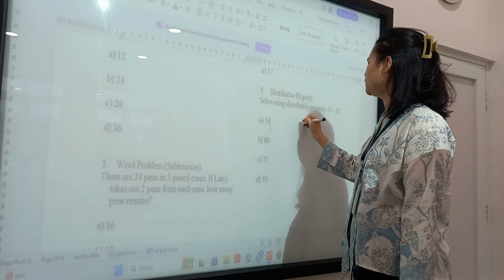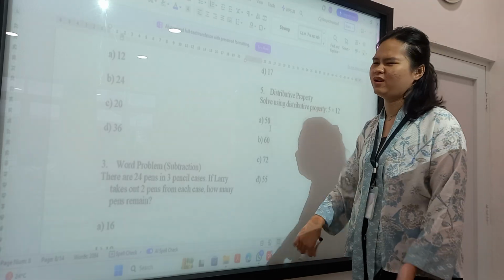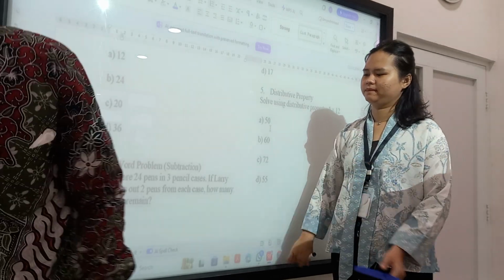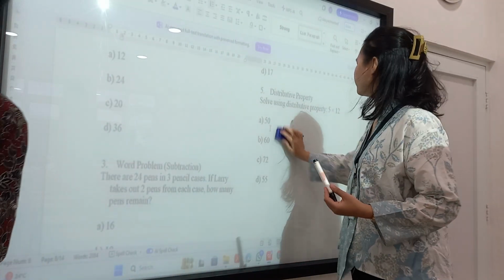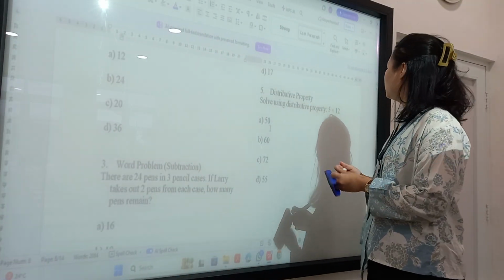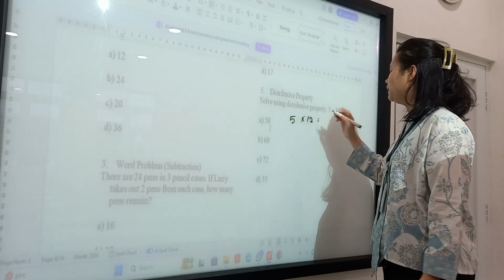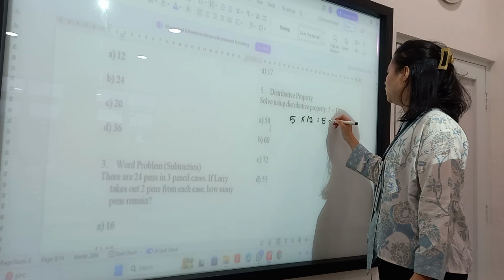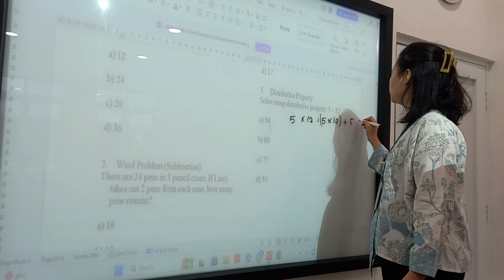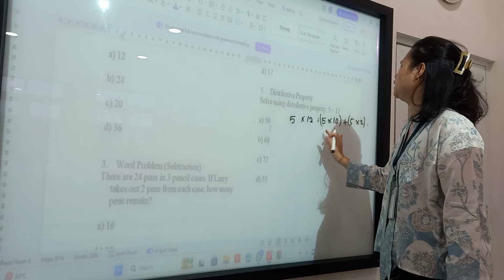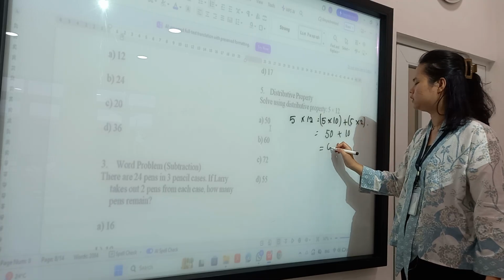So 5 times 12, we can use the distributive way. 5 times 12 becomes 5 times 10 plus 5 times 2. Okay, 5 times 10 becomes 50, plus 10 equals 60.